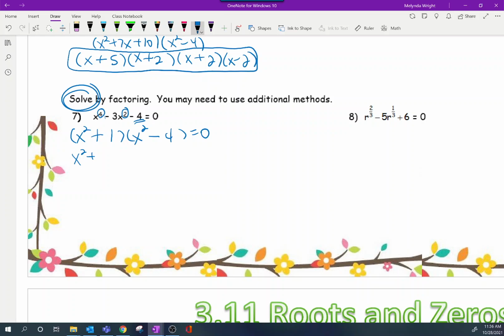One more. All right, we have a trinomial. And let's see if it's in quadratic form. 2/3 and 1/3. So is 1/3 twice 1/3? 2 times 1/3. Yep, it's 2/3.